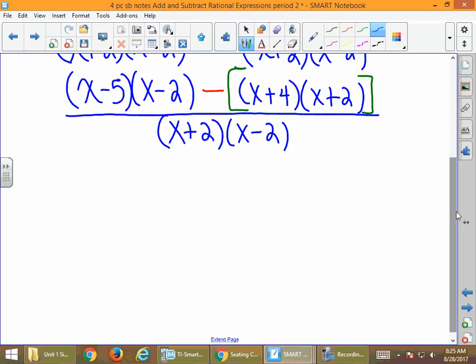And so now we can get closer to the end, and what we need to do is FOIL over here to the left. So we're going to get x squared minus 2x minus 5x plus 10. First, outer, inner, last, if you like the FOIL algorithm.